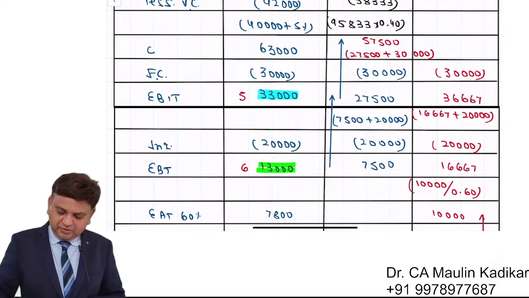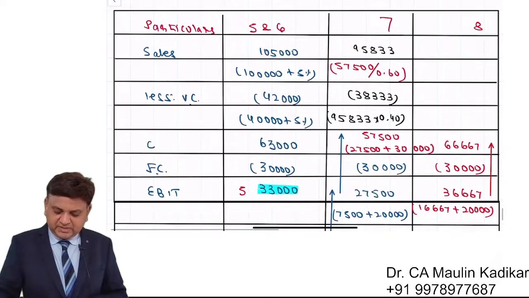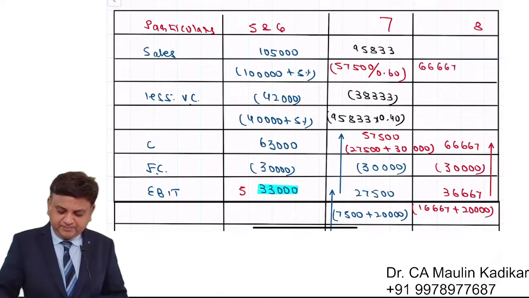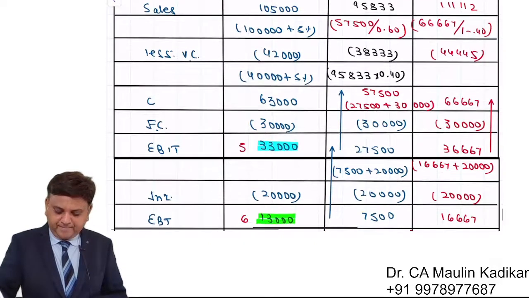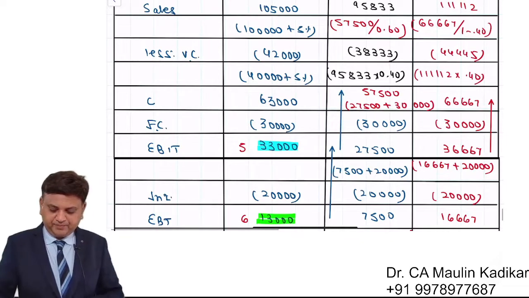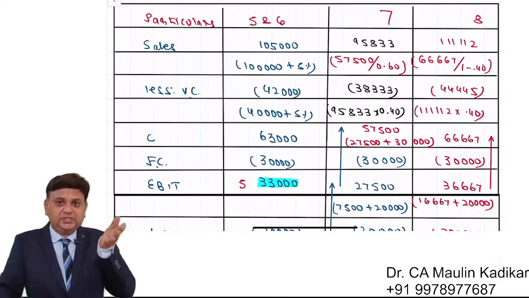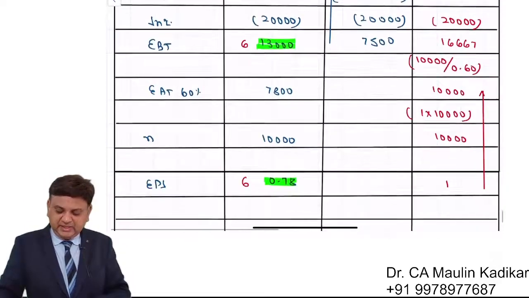The contribution is 66,667. Sales value will be 66,667 divided by 1 minus 0.4, that is 1,11,112. Variable cost is 44,445, that is 1,11,112 into 0.4. So the sales should increase to this value for increasing EPS to rupee 1.